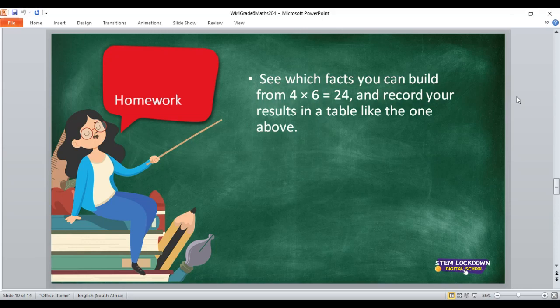Okay, so this one is no longer going to be our homework. I am going to do it with you. All right, on our previous slide, we had a 3 multiplied by 24. So that one is your homework. And this one I'm going to do with you. Okay, we're going to build using the facts that we already have.